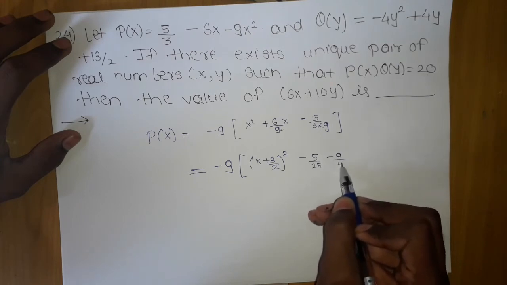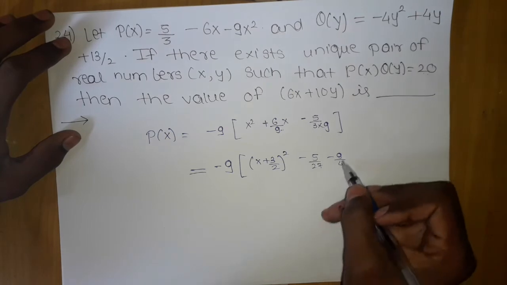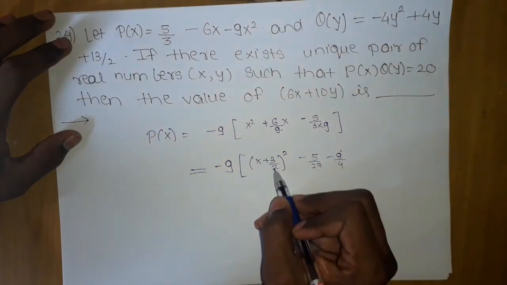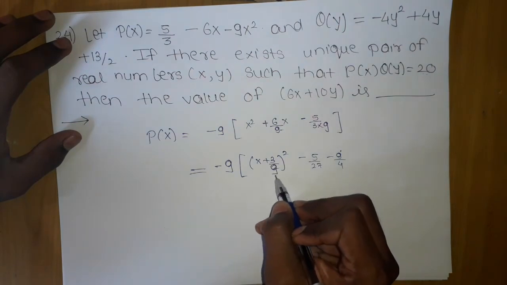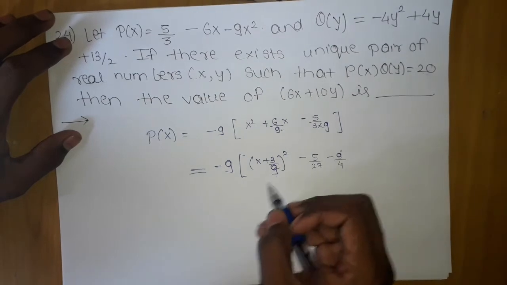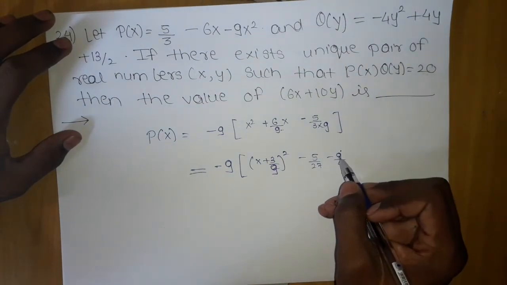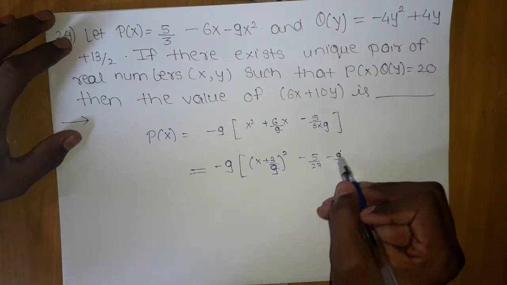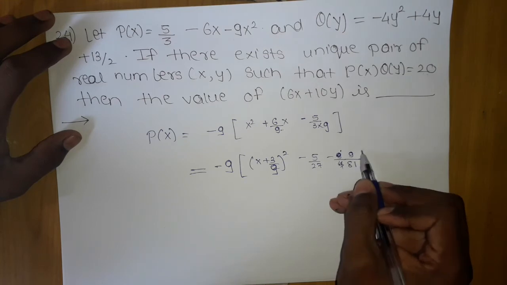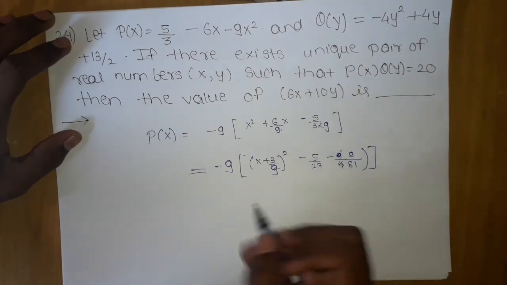Sorry, it was 3 by 9, so 1 by 3, which will cancel out. If I take the perfect square, 9 and 81 will cancel out, so this is 1 by 9 only. There is no point, but I did it here.